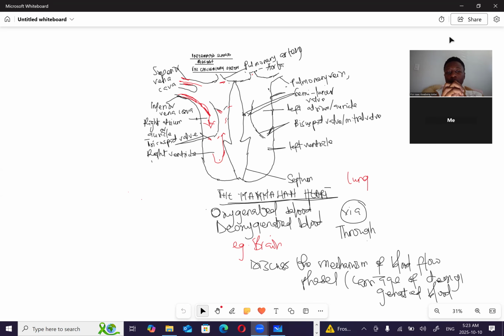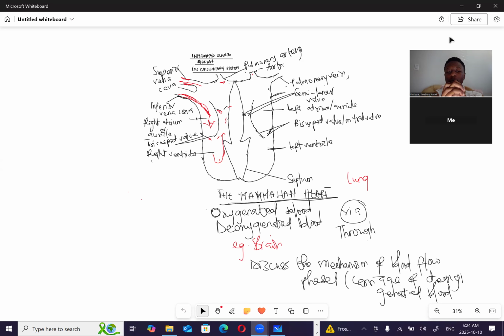When it's filled up, it pushes through the tricuspid valve.